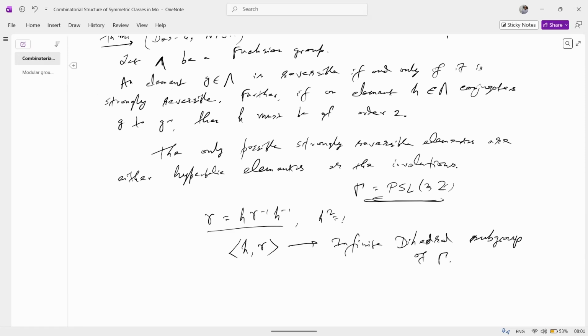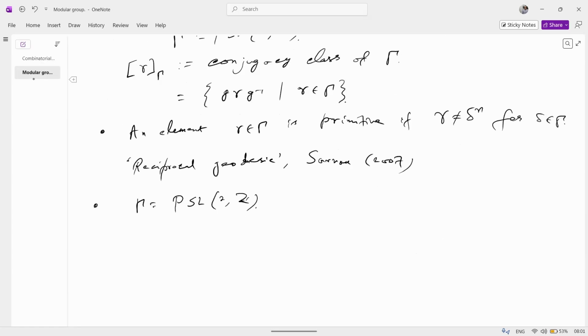So classifying these reciprocal geodesics or strongly reversible classes amounts to classifying infinite dihedral subgroups of gamma, and that is of importance for group theoretic, geometric, as well as number theoretic purposes. That's what Sarnak discussed in his paper, Reciprocal Geodesics.